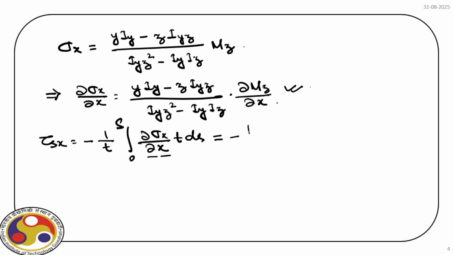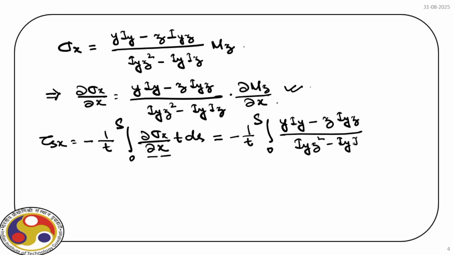So effectively we have minus 1 by t, integral 0 to s, we have y Iy minus z Iyz divided by Iyz square minus Iy Iz, times t, and in place of differential of Mz with respect to x, we have shear force V.